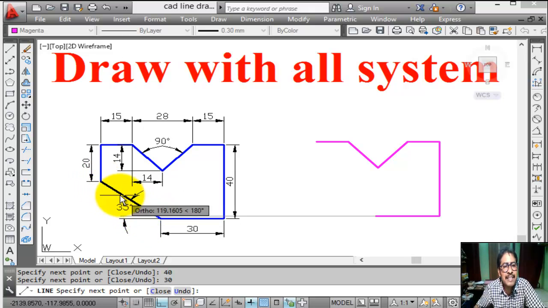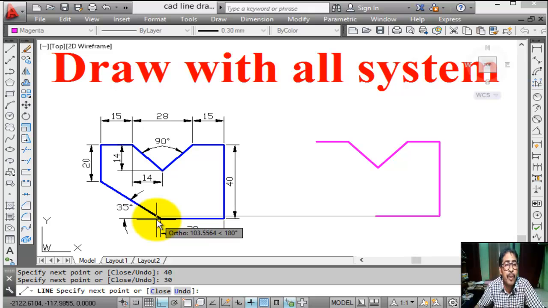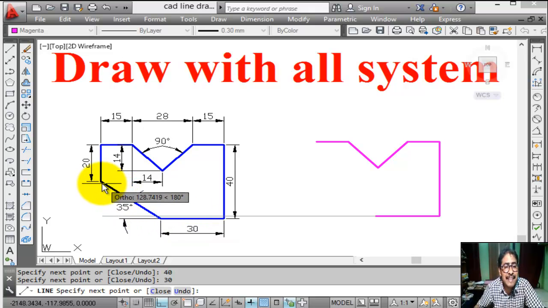Next, this line, we draw this line with the help of the Cartesian system.